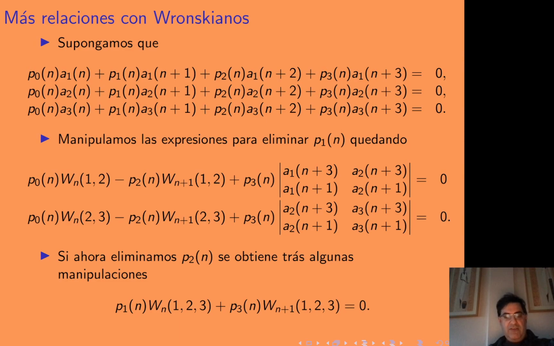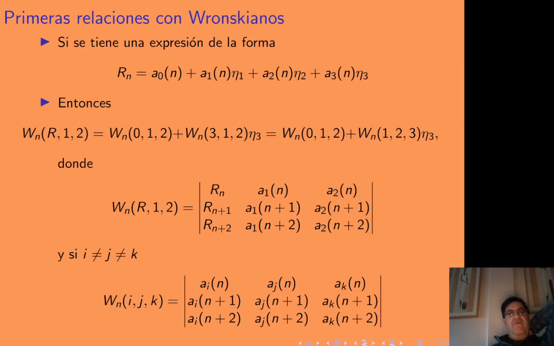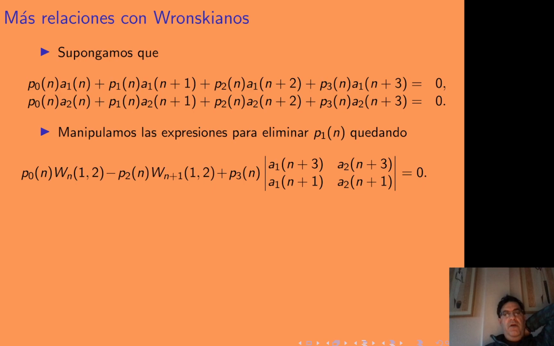Okay, so you see, this is a nice exercise that you can do. If you have more terms here, you expect to obtain different equations for the Wronskians that you consider. In this particular case it is quite easy. Suppose that you only have two equations.